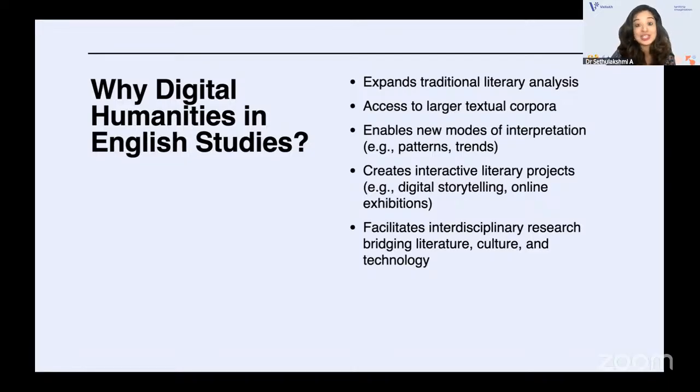Then, of course, we need to talk about computational linguistics here. Computational linguistics is again one offshoot of digital humanities that focuses on language at a deeper level. So linguistics scholars who are looking into language at a deeper level can work on these projects.